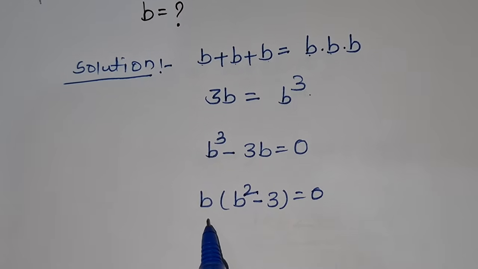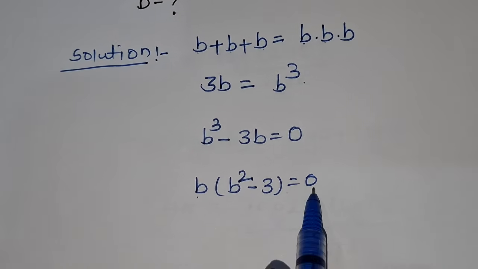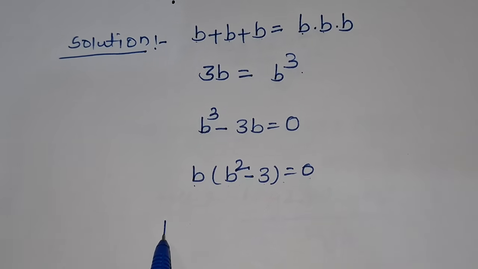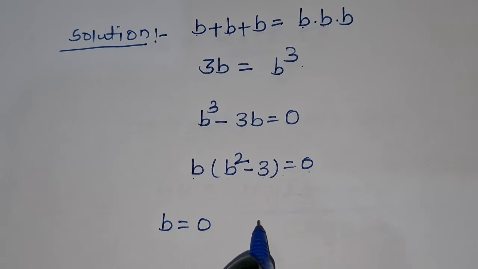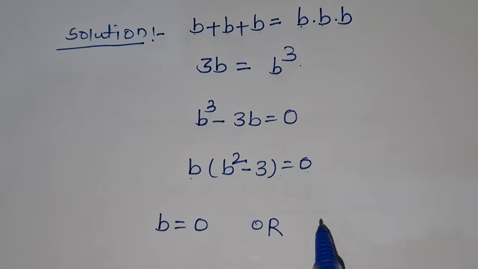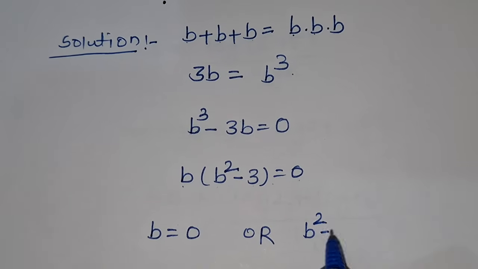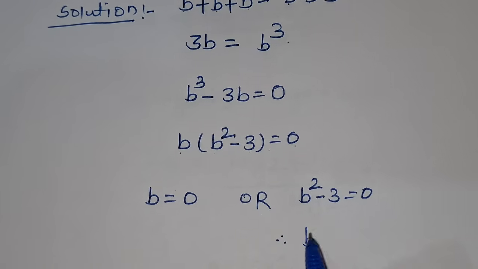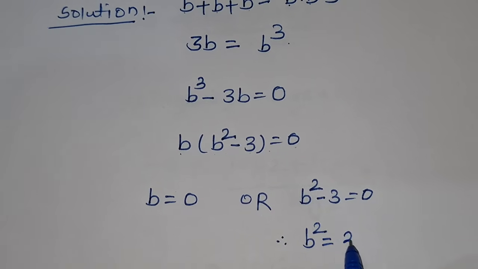Now here we got two equations. First one is b equal to 0, or the next one is b square minus 3 is equal to 0. Therefore, b square is equal to 3.